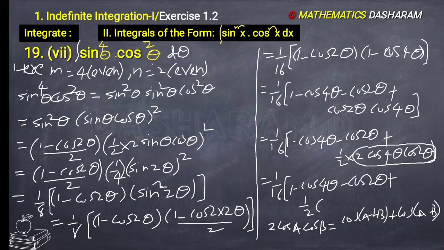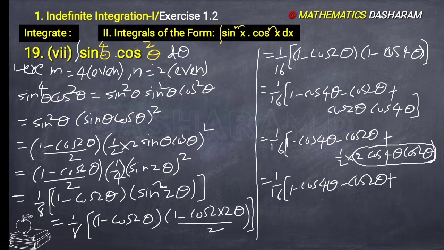Okay, so apply that formula now: cos A plus B plus cos A minus B. So 1/2 bracket of cos A plus B, 4 theta plus 2 theta, plus cos A minus B, 4 theta minus 2 theta.